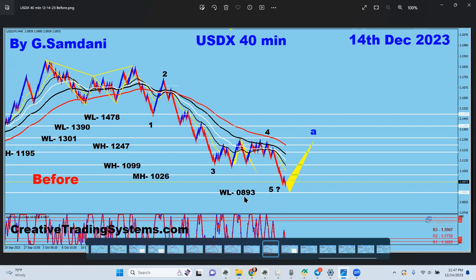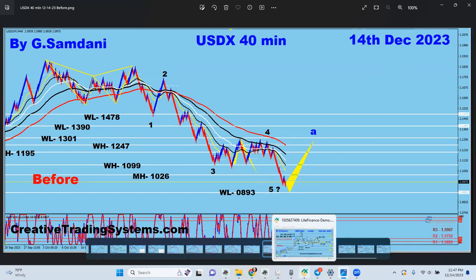It's gonna drop, hit this 0893, and then probably this whole thing is gonna be finished. This wave 1, 2, and then wave A, B, and 1, 2, 3, 4, 5. Wave C will be finished. Then wave A, B, C, or 1, 2, 3, 4, 5 to the upside, whichever. So this is the idea that this might be.